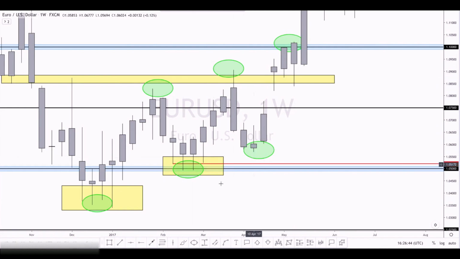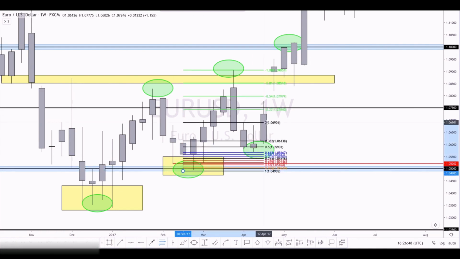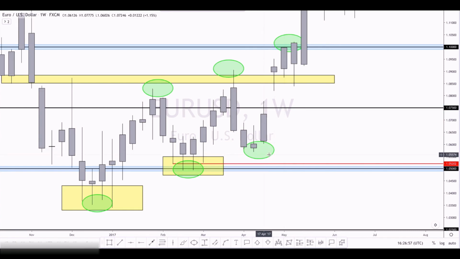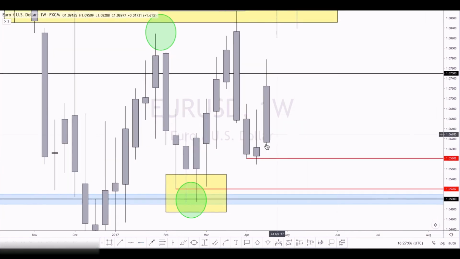If we have a look at our pullbacks from our fib, so we use our lowest point, which would be here, up to our highest point, which would be there, then you can see this time we have 74, 78.6. We also have another reversal pattern. So we map out that low there, and you can see again, price fails to close below.